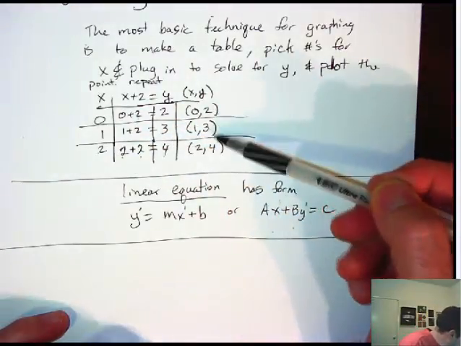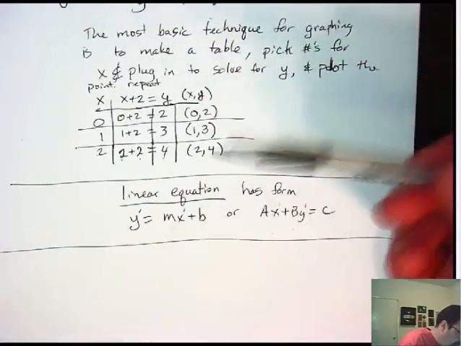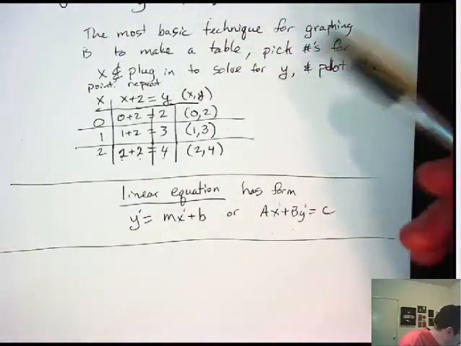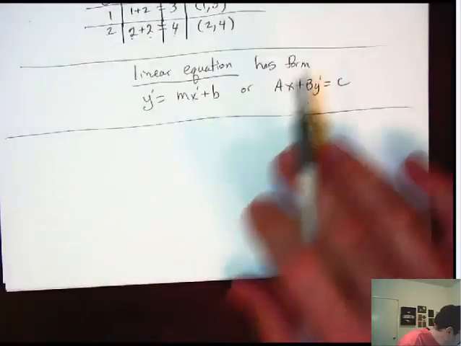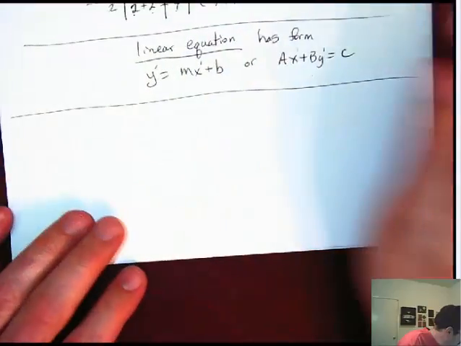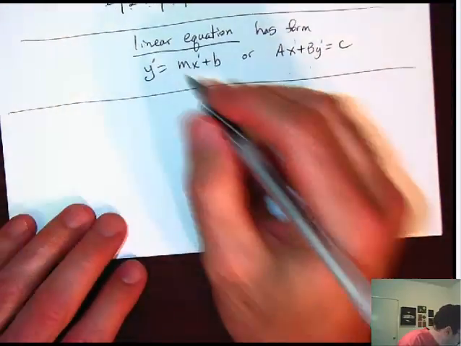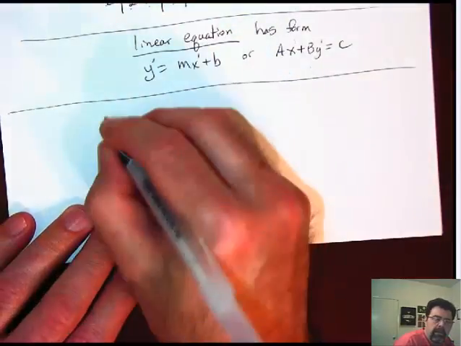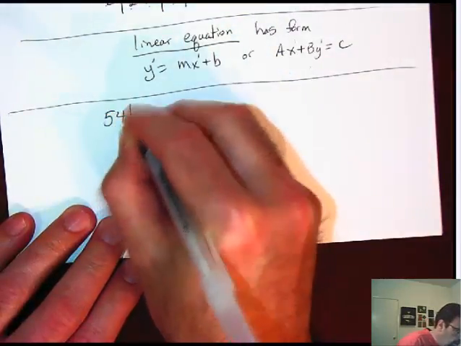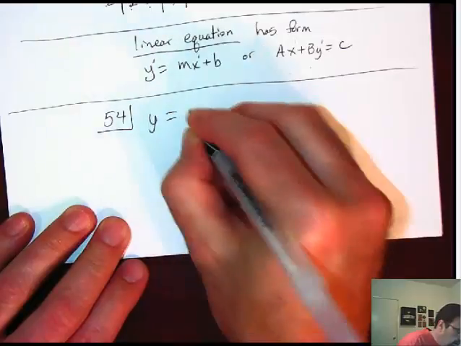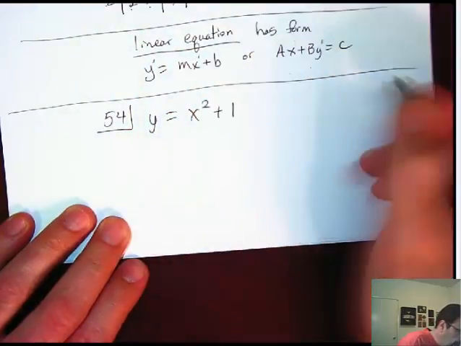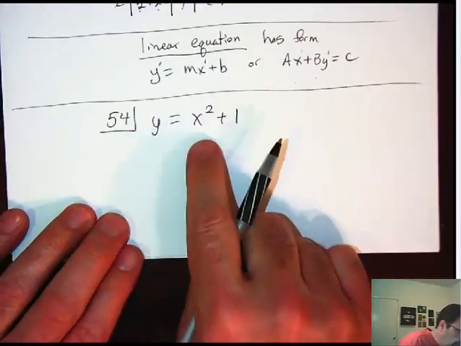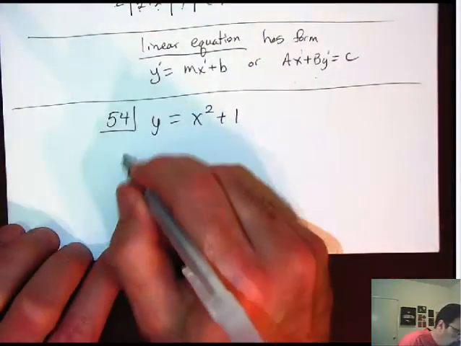So let's try another one. Let's try number 54 in the book. y equals x squared plus 1. And again, that square means it's not linear. This is actually what's called a quadratic equation.